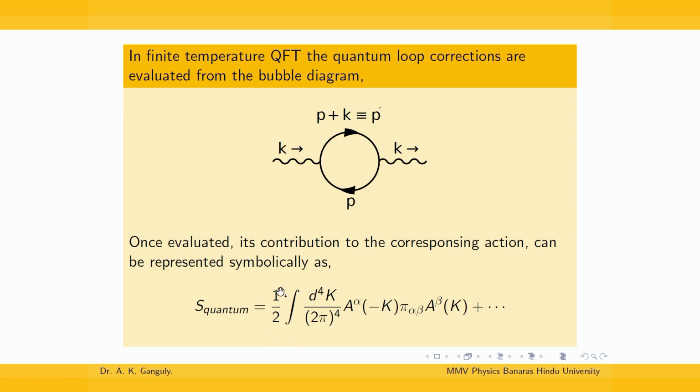And the factor of half here takes care of a situation when there is overcounting in the system.